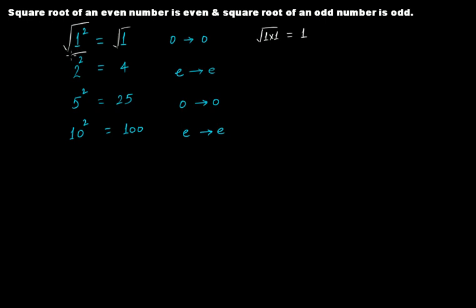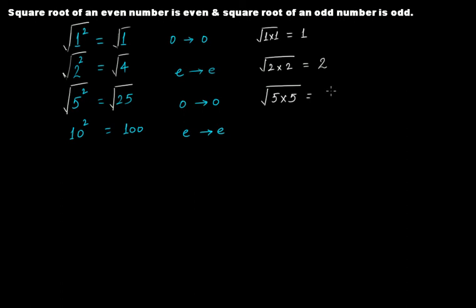If you take the square root of 2 squared, that is the square root of 4, it means the square root of 2 times 2. So 2 times 2 means what? The square root will be 2. So the square root of an even number is even. The square root of 5 squared, that is the square root of 25. So the square root of 25 means what? 5 times 5.